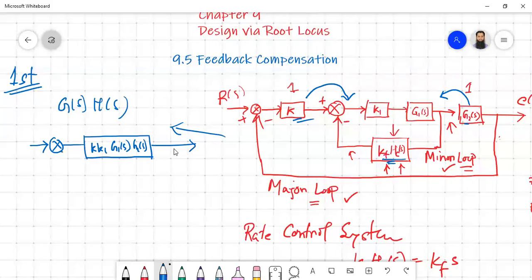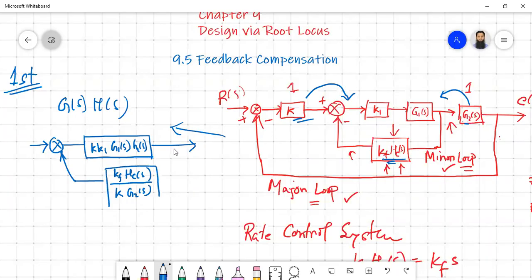Okay, so then feedback will be KF HCS divided by K and G2S, because this feedback should not be multiplied by those two parameters. So that is why we're actually dividing with it. Then we also have, don't forget about your negative feedback.